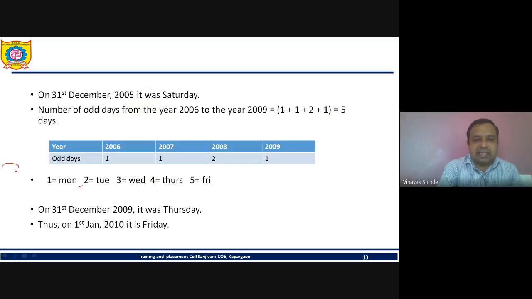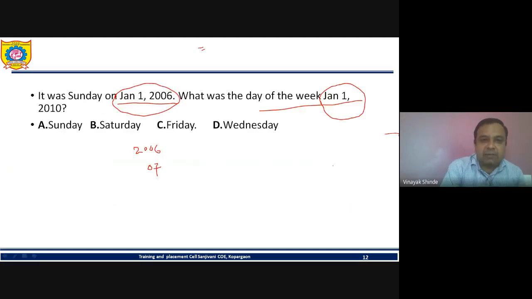So this is 2006, 2007, 2008, and 2009. 2008 has 2 odd days. If I add these numbers, it is 5. If I add 5 odd days, the 5th day will be Friday. Option number C is right.